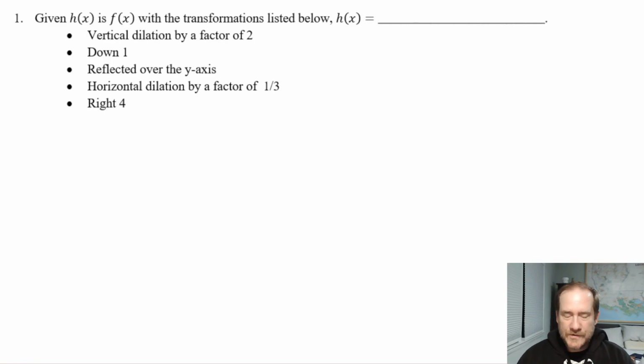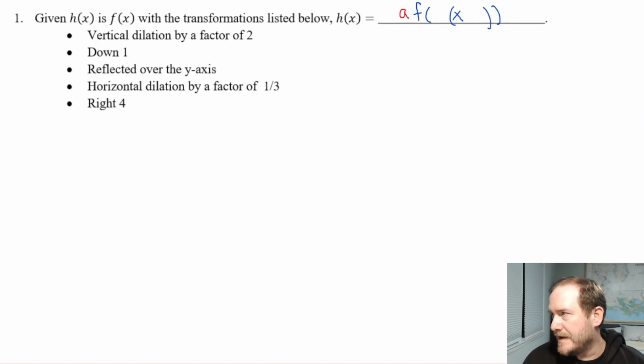Okay, anyway, let's go. Let's do it. So number one says, given h of x is f of x with the transformations listed below, h of x equals. Obviously, what they want you to do here is define h of x in terms of the function f of x, which means that you have to apply various transformations.